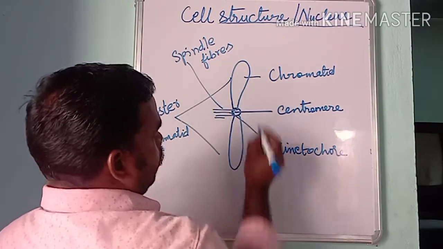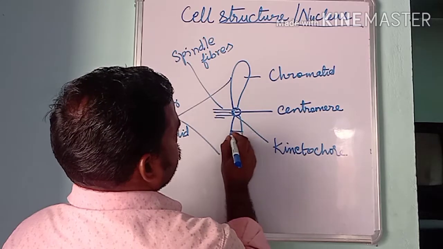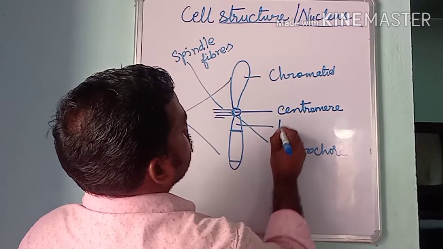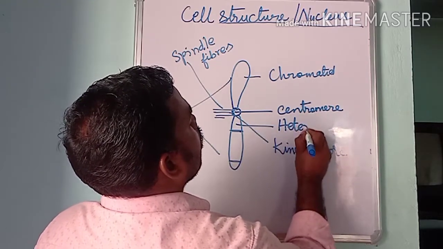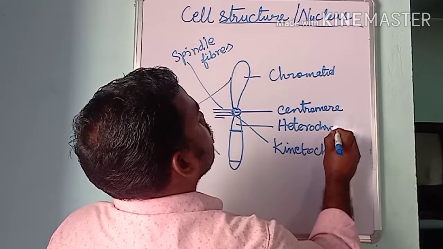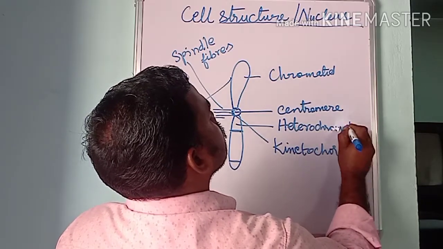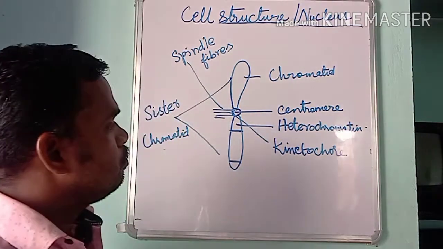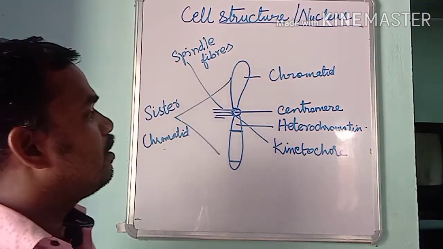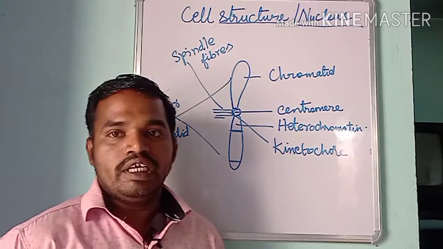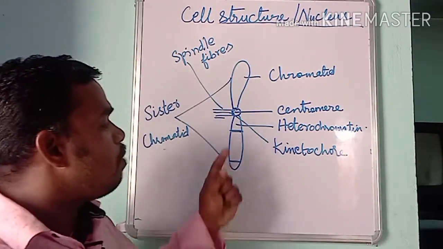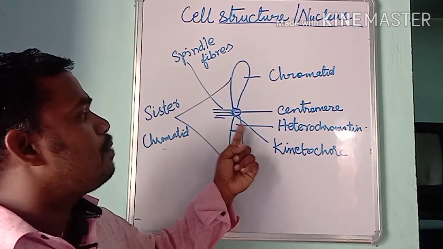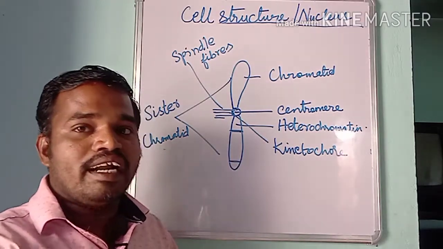So here this chromatid has two portions. One is heterochromatin. Heterochromatin does not have the genes for mRNA transcription, so thereby it is tightly packed and tightly condensed.